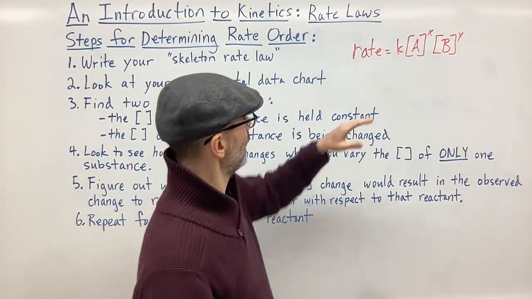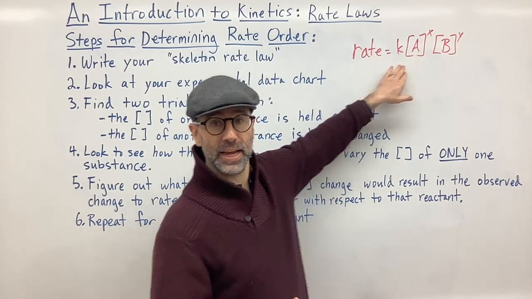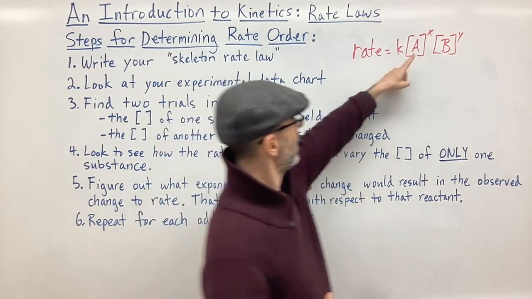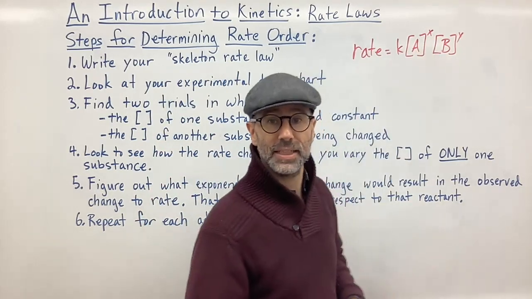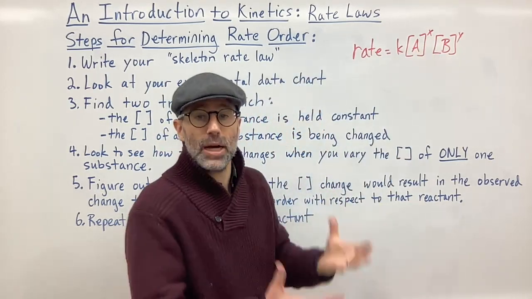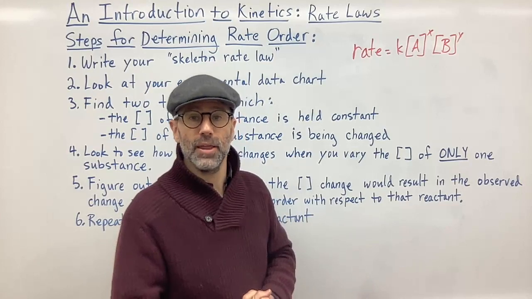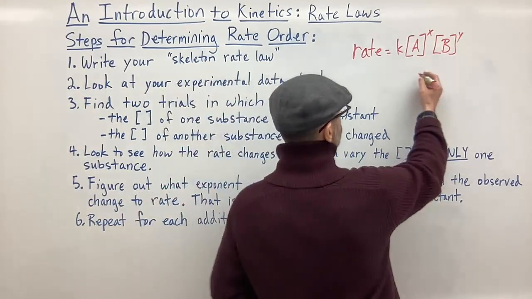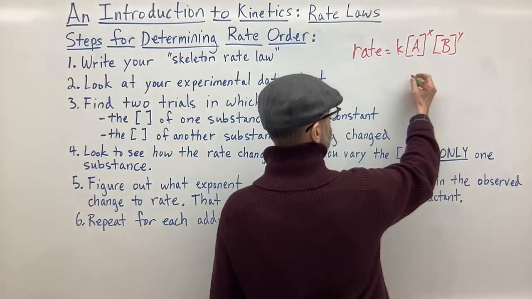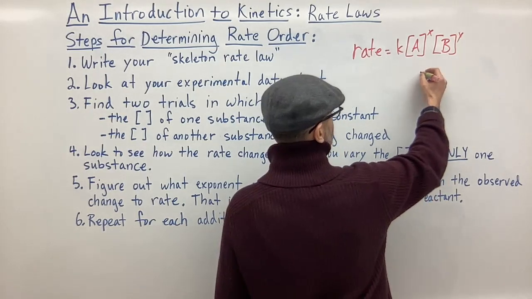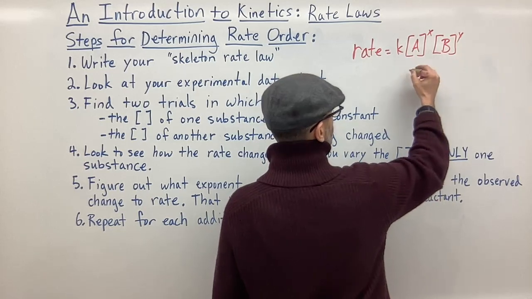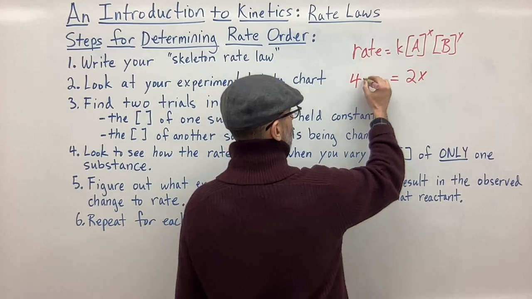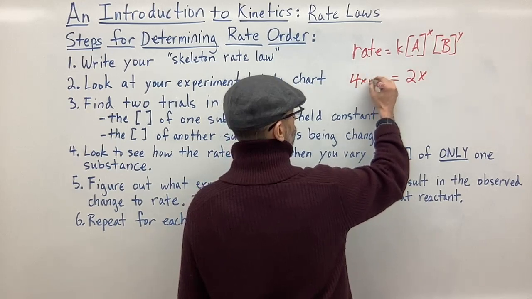Or let's say when I double the concentration of A, my rate quadruples. Well, what exponent would I need to get that sort of effect, the quadrupling of the rate?